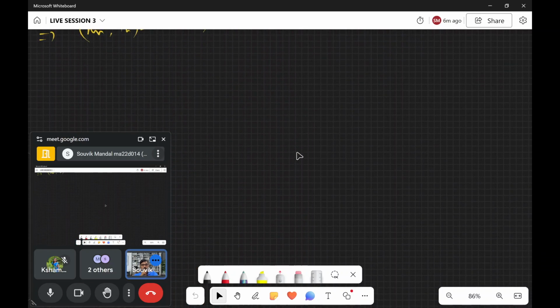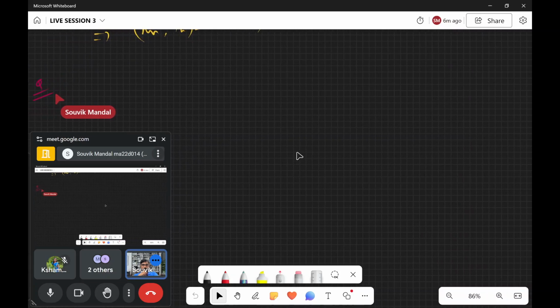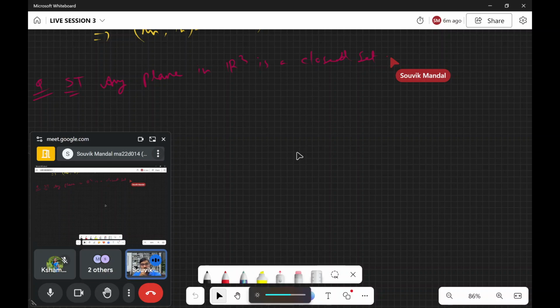So now there is a question: show that any plane in R3 is a closed set.